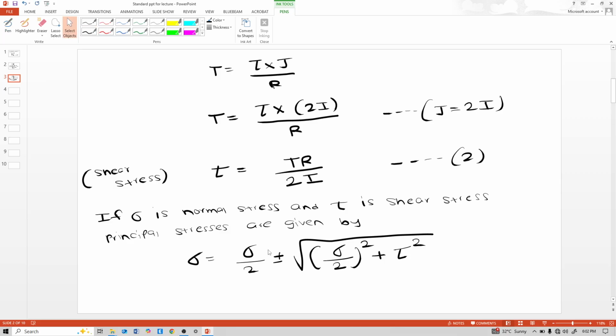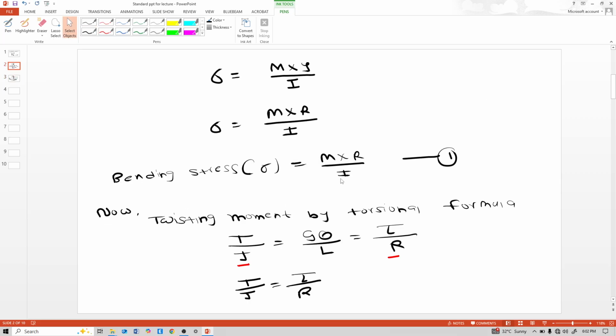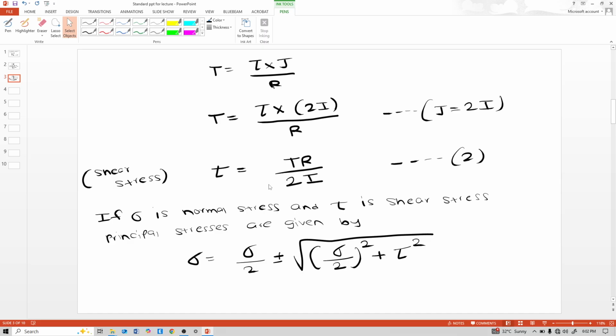So, substituting this sigma and this tau, bending stress and shear stress, in this equation 3.